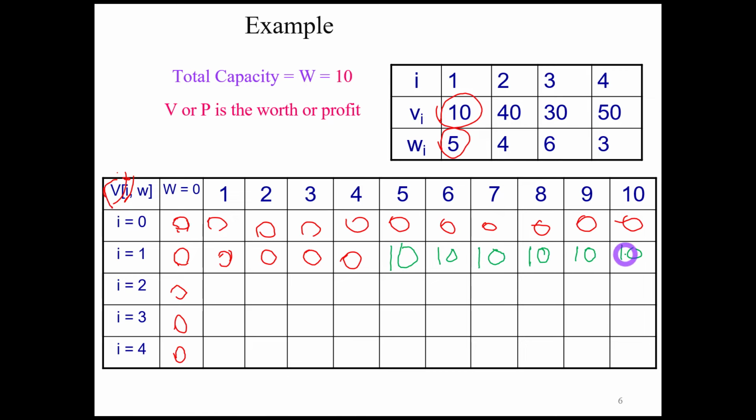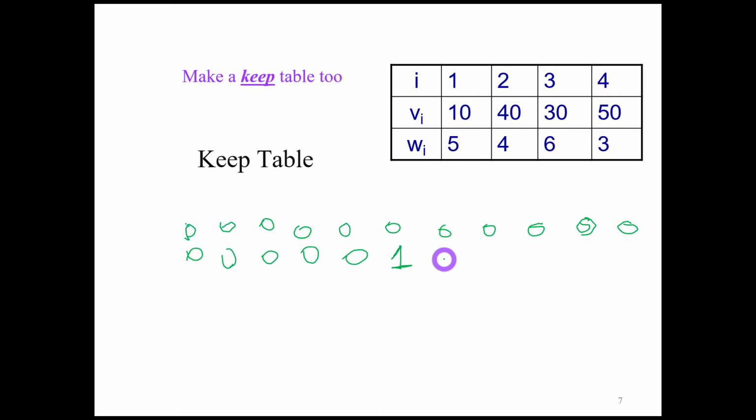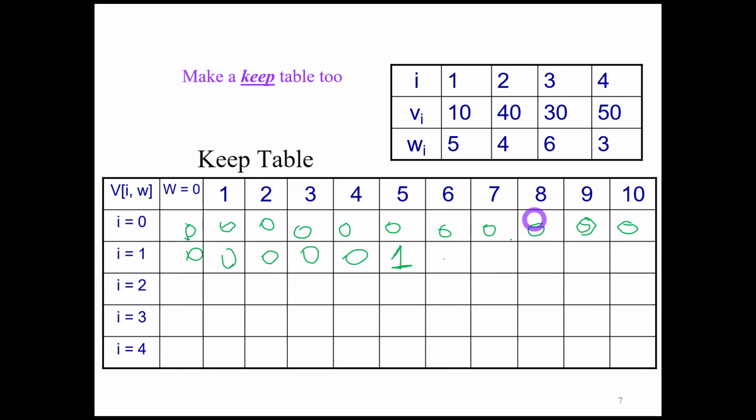Let's solve this with the formula, because when you are writing the code, what I showed is just how you're doing it conceptually, but you need the formula. You need a concrete reason why you are doing this, right? So formula is important. And obviously we can only fill this keep table while we are using the formula, right? We can decide that with the formula.